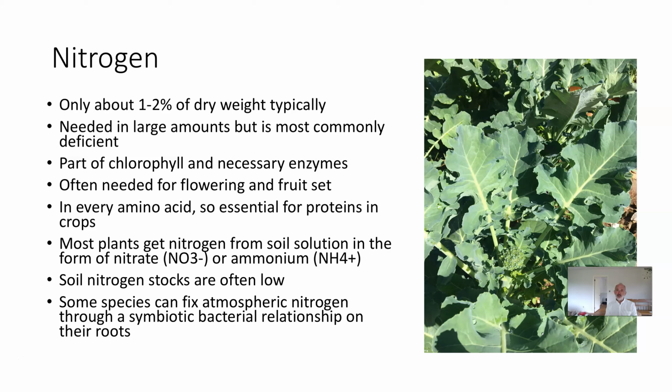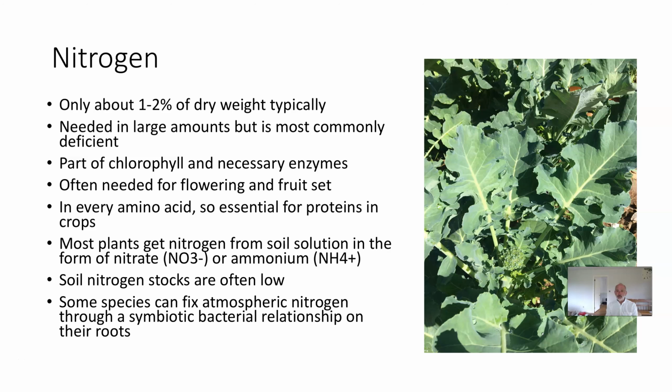The nitrogen, though, has a disproportionate impact because it's important in processes and structural components like chlorophyll and enzymes, which are really important for other processes like photosynthesis within the plant. Even though it accounts for a small amount of the mass of the plant, it's needed in relatively large amounts for these ongoing processes.